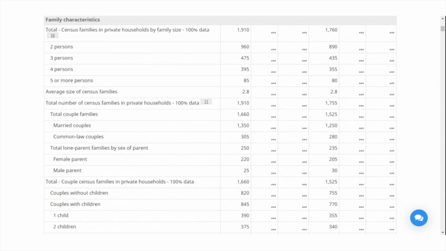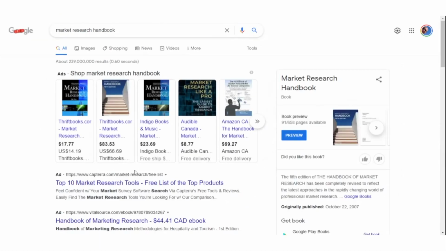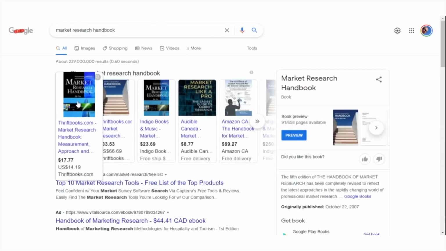The other issue was total bookstore sales. Now, total bookstore sales for Toronto, and this is taken from the Average Household Market Research Handbook. Now, I don't have the Market Research Handbook at the ready.